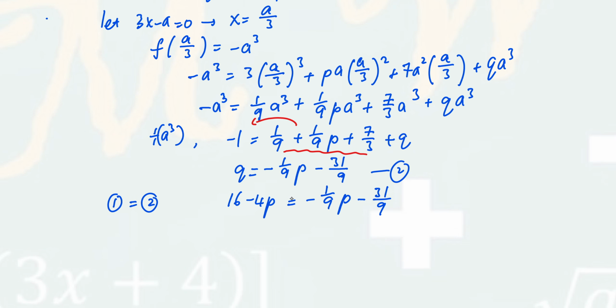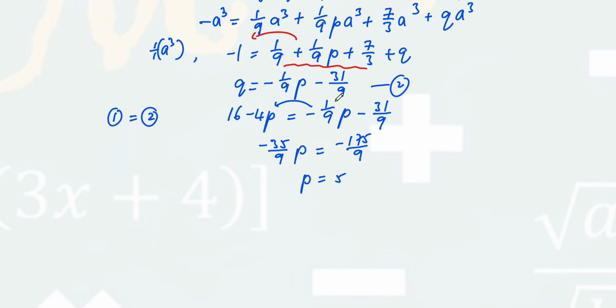And now group the p on the left side. So move the p to the left side and move the constant to the right side. That means I will be getting negative 35 over 9 p equals negative 175 over 9. Then my p is 5.